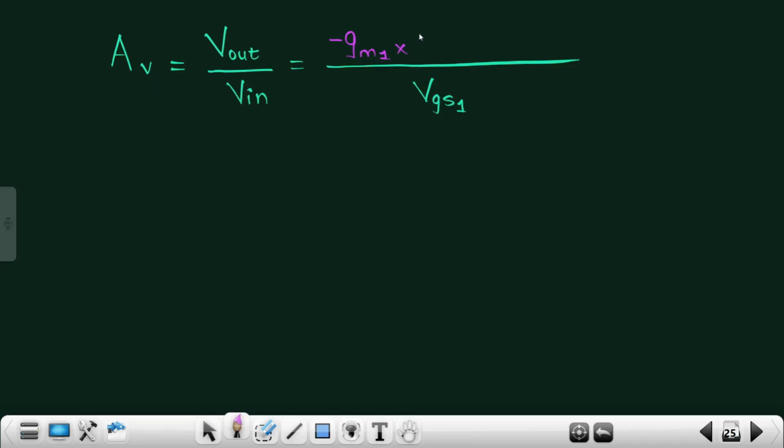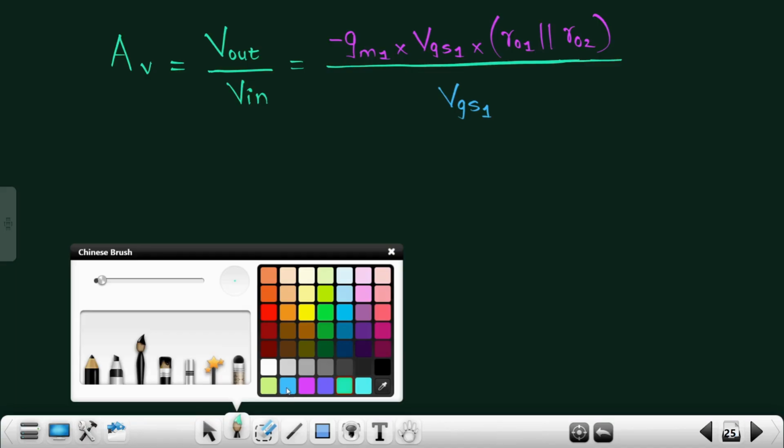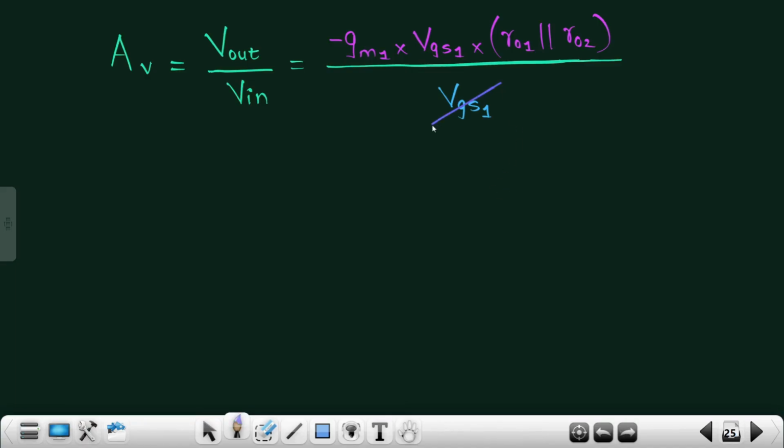I just need to extend this particular line, and this is my V in, that is my VGS1. What can we see? We can clearly see that VGS1 and VGS1 get cancelled, and what we are left with is this.